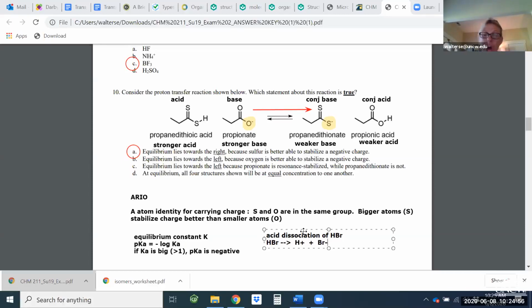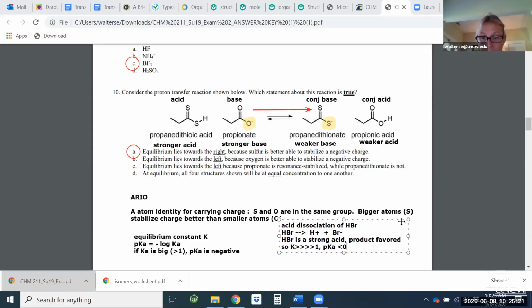Now you know from the 7 strong acids that HBr is a strong acid, so it fully moves to the right. So this is product favored. So K is much greater than 1, pKa is less than 0. Then you could go even farther and say the delta G is also negative, so the reaction is spontaneous to products.